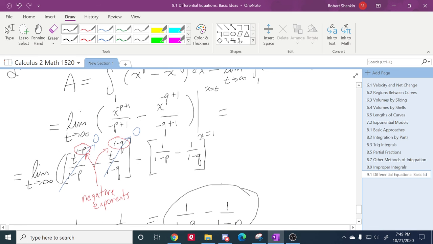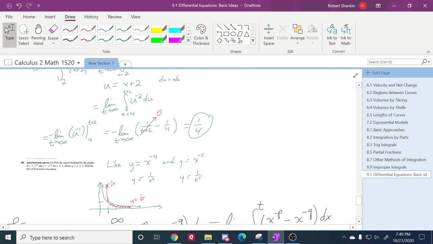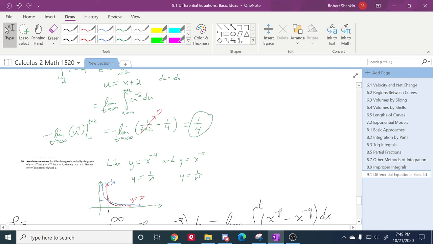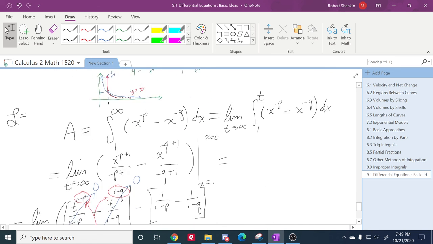Now, if I went back to my original, for instance, what if p was 4 and q was 5?